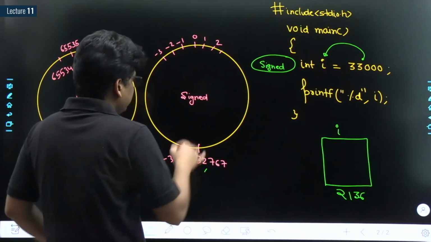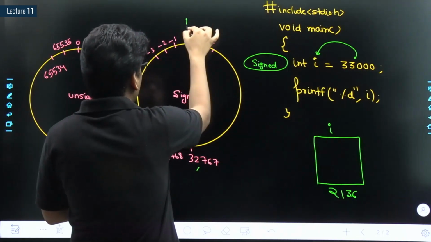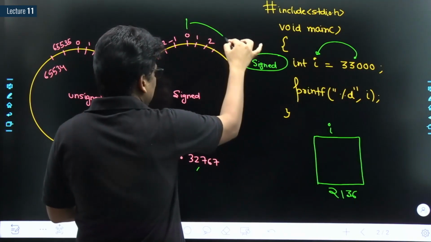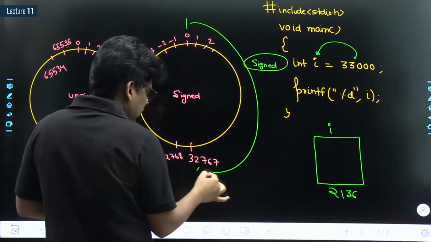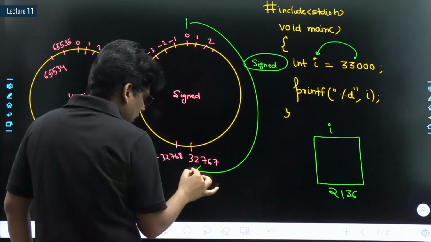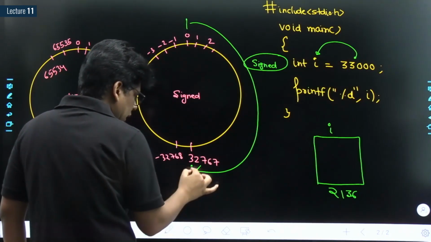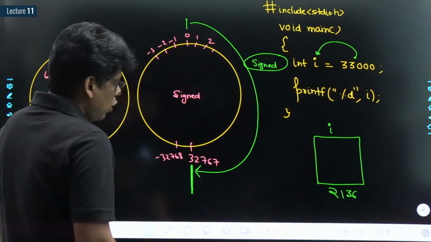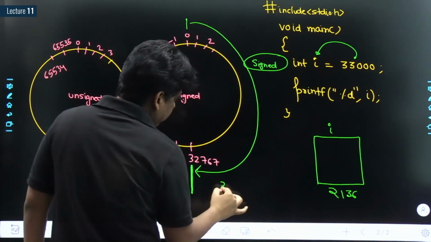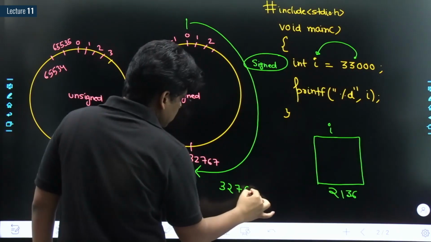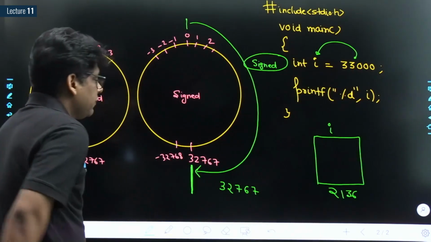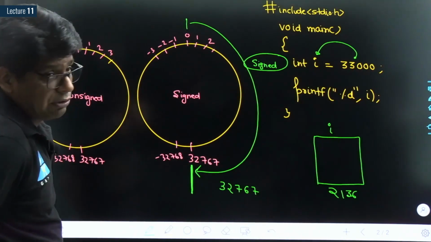Since it is a positive number, we start from 0 and move in the clockwise direction. Till here, how many values have we already counted? 32767.